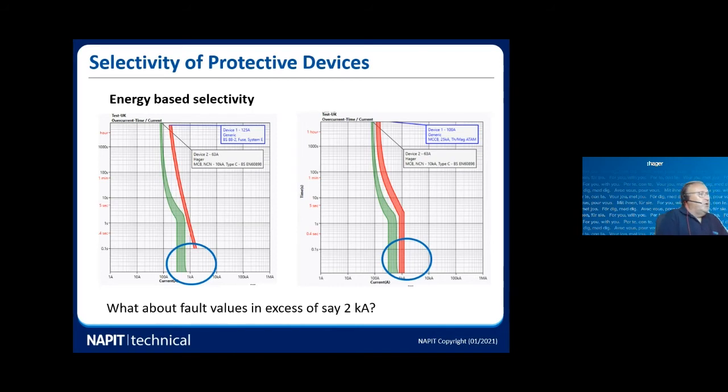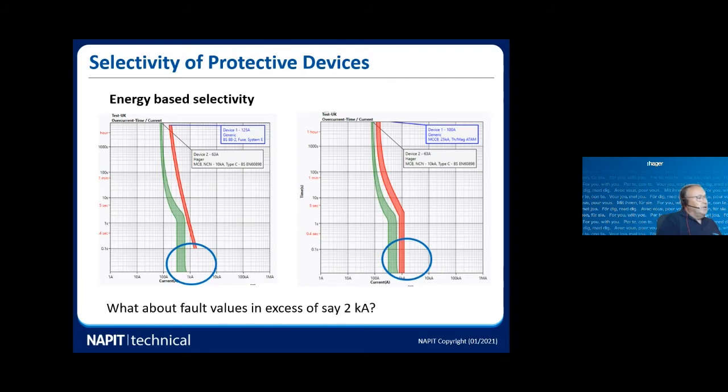Now, all of these curves, you'll notice, run out when we're talking about very fast disconnection times. When we're talking about instantaneous tripping, which is pretty much 0.1 second or less, you'll notice the fuse characteristic even stops there. Clearly, of course, that can't happen in the real world. It must carry on and trip in less than 0.1 of a second if we increase the current through the fuse.